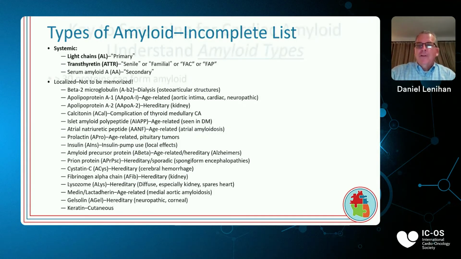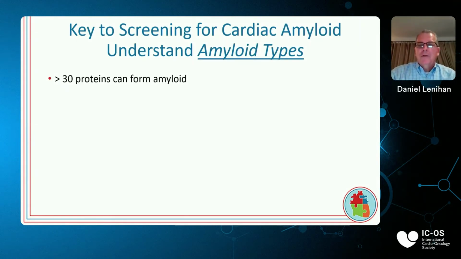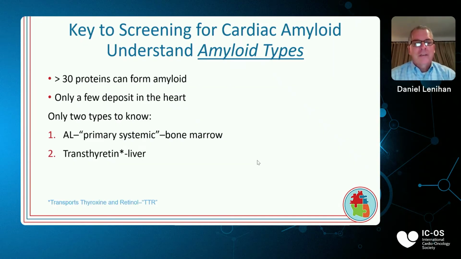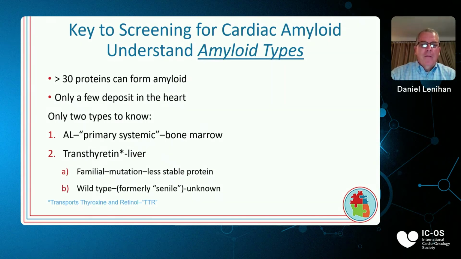So the key for screening for cardiac amyloid is really to understand the types. And we've talked about this pretty much at each one of our webinars in this series. But again, bottom line is you need to know about AL and you need to know about ATTR. When we think about ATTR, there are two subtypes.